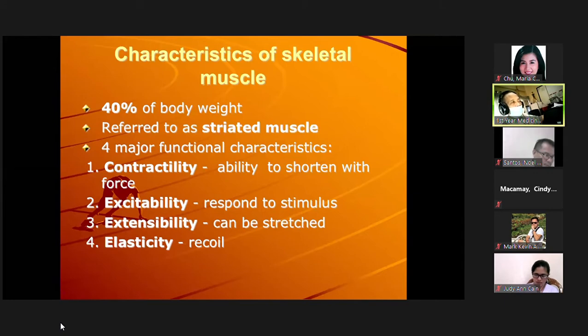What does recoil mean? Because that is the function of being elastic. Recoil. To return to its former shape. Oh, okay. You got it.